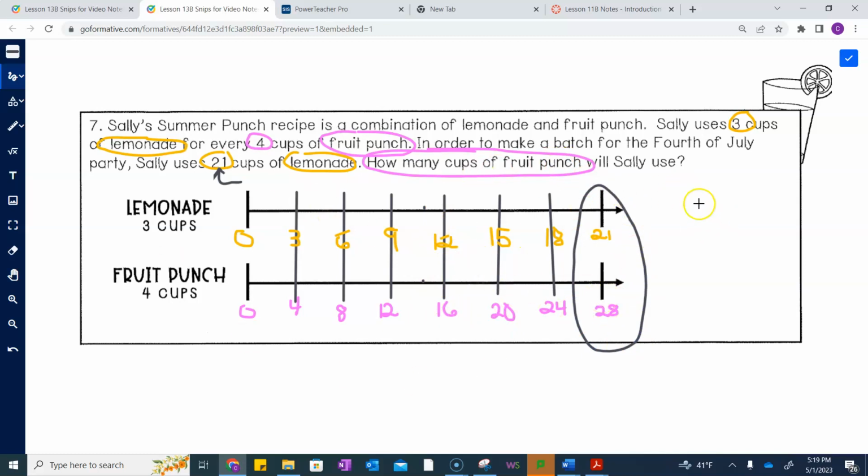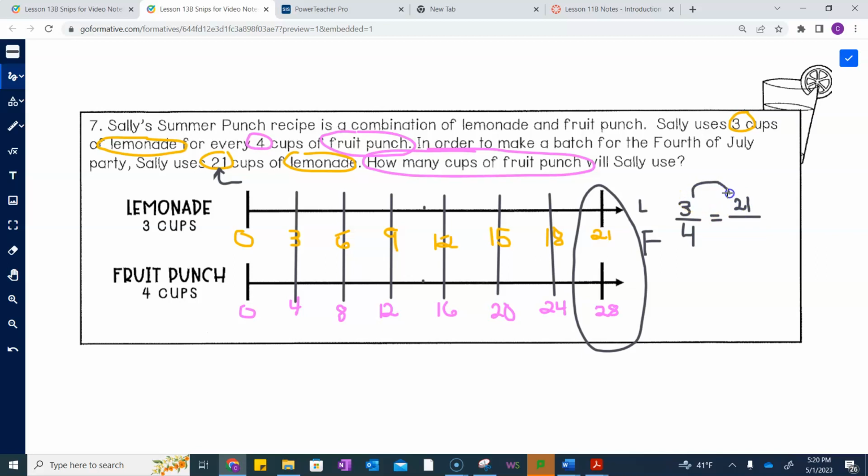Okay, you can use a double line diagram, or if you're advanced, you can also try to set up an equivalent fraction where you see the lemonade on top, the fruit punch on the bottom, 3 to 4, and we want 21 cups of lemonade is what we're going to ultimately need to get enough punch.